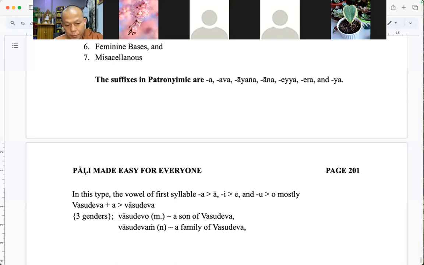And then Vāsudevī, maybe ī is added. Yeah, I remember ī is added, to be sure.